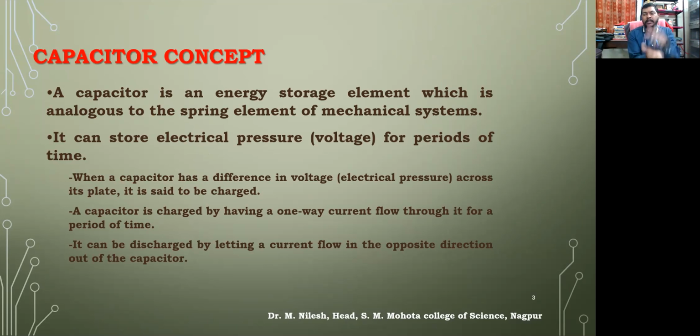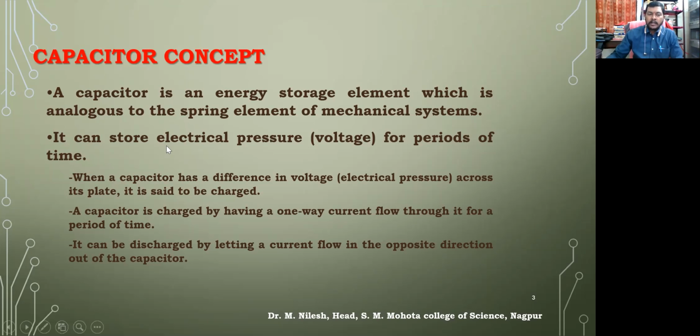It's just analogous to the spring element of a mechanical system. While storing, we compress the spring like this, and it discharges when we release the spring, right? So it is like that, and we are storing the electrical pressure for periods of time.